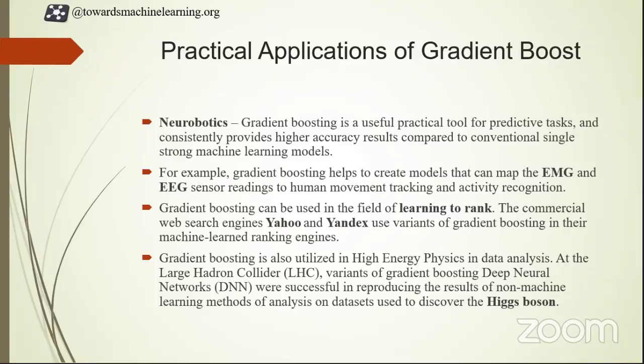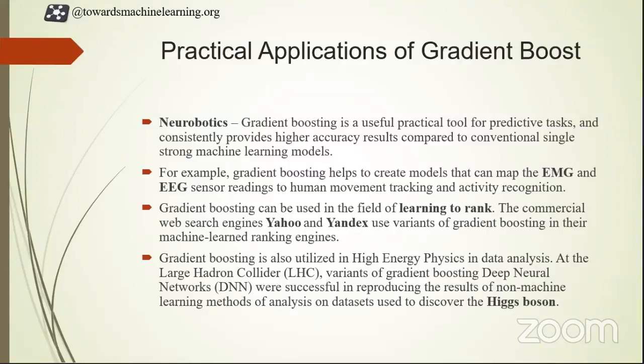Now it's also used in high energy physics in data analysis. At the Large Hadron Collider, variants of gradient boosting deep neural networks were used to classify and reproduce the results of non machine learning methods on data sets, and were used to discover the Higgs boson.